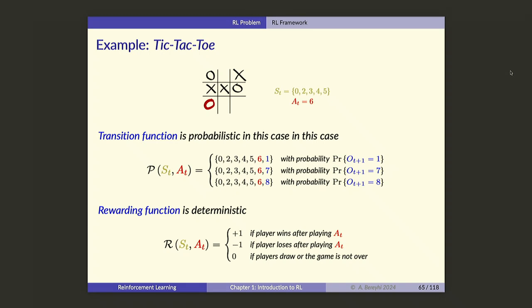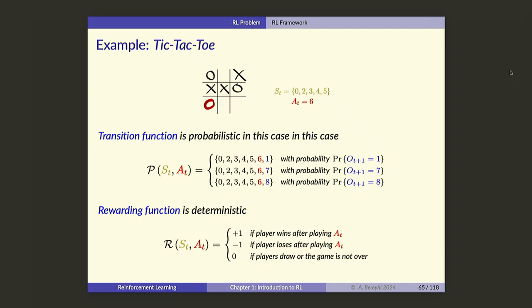We talked about the transition and rewarding functions. The transition function was potentially a random function, describing what the next state will be if you are in one particular state s_t and you play action a_t. Looking at this board, the state is all of the other marks, and the red mark is the action.